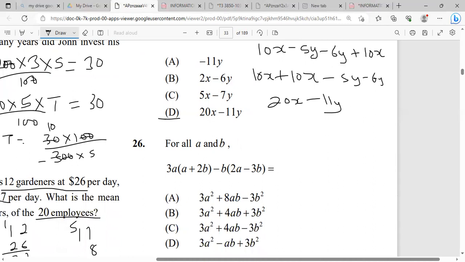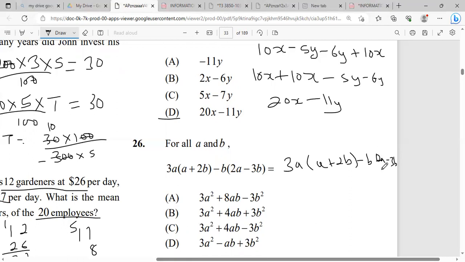For all A and B, 3A bracket A plus 2B, minus B bracket 2A minus 3B.